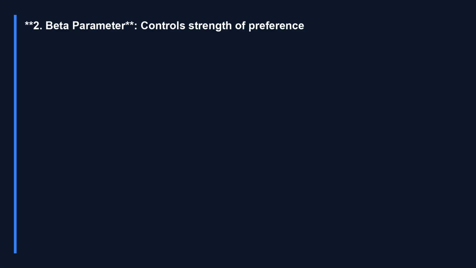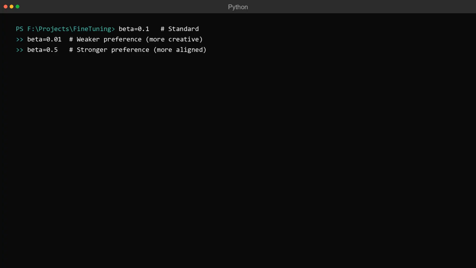The second parameter is beta, which controls how strongly the preference signal is applied. Beta is the DPO specific knob that determines how hard the model is pushed toward chosen responses and away from rejected ones. The standard value is 0.1, a moderate push that improves alignment without making the model rigid.